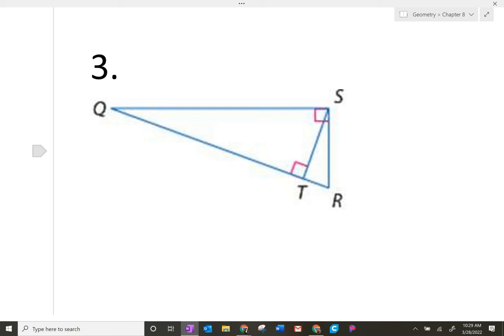This one doesn't match up. Alright, okay, it would be right there. This side.